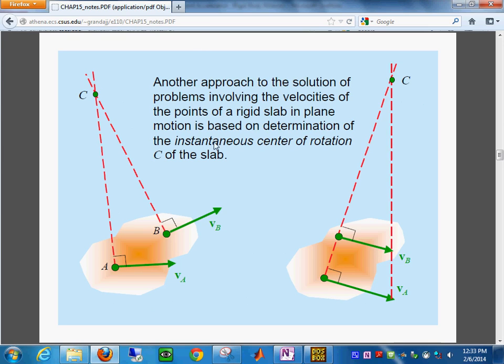But in this case, one of the things that I wanted to remind you of, review, is also the concept of the instantaneous center of rotation.